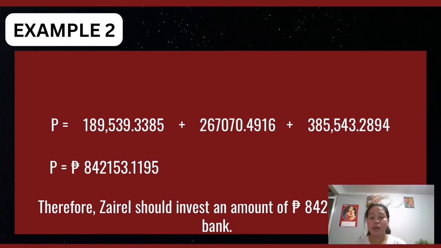For A sub 2, we have 267,070 pesos and 49 cents. And for the last one, we have 385,543 pesos and 29 cents. The total of that is 842,153 pesos and 12 cents that Zyril should invest today to meet her future financial goals. And that's all for my part. Thank you.